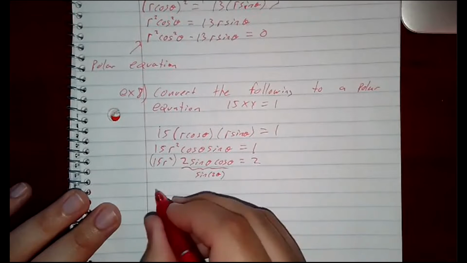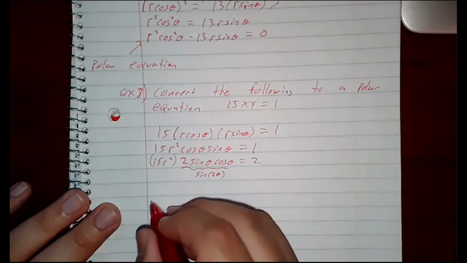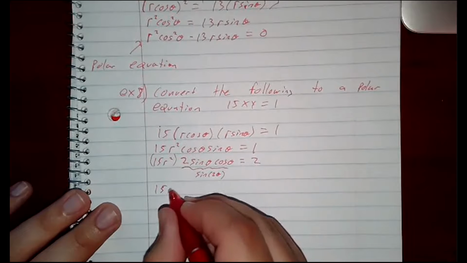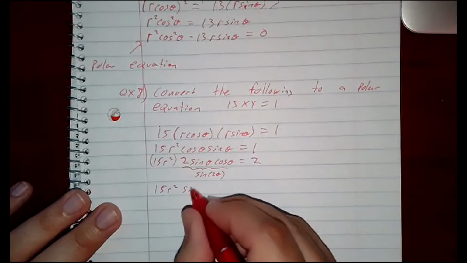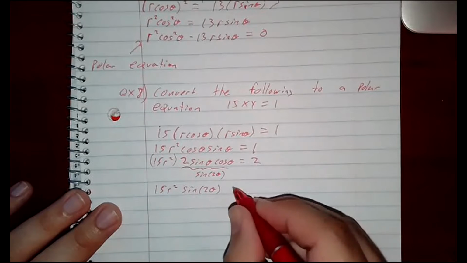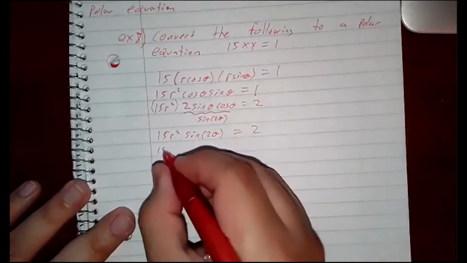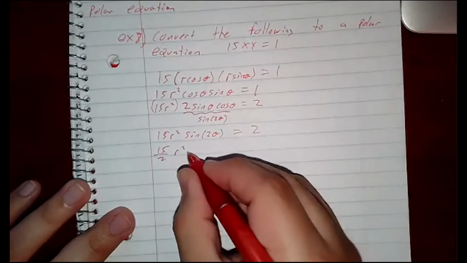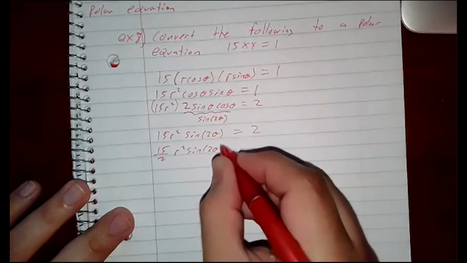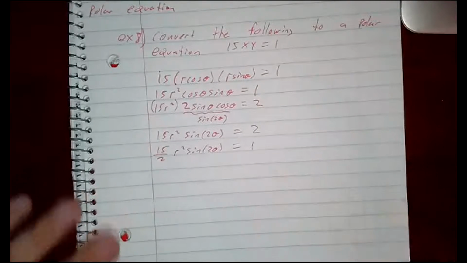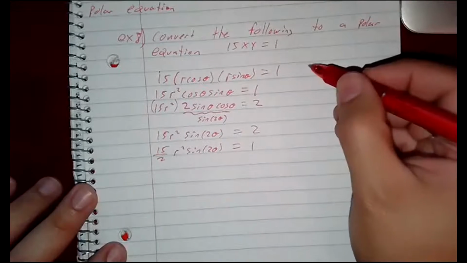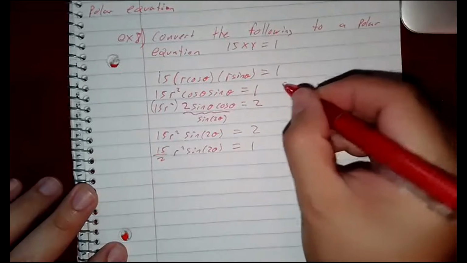So the best that I can do is to change it into this. It's a little bit prettier, and I could divide by 2, I guess. But honestly, it's been in polar form since this point here.